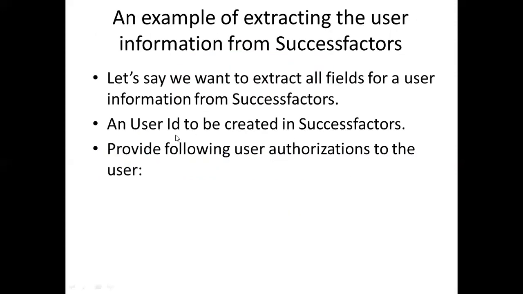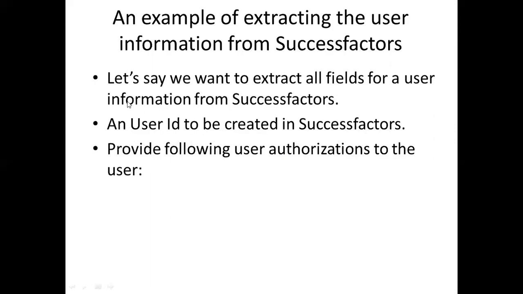Now, going further. Let's say we want to extract the user information from SuccessFactors. There's an SFAPI object called user. So we want to extract the information of the user from SuccessFactors for all the fields, and a user ID needs to be created in SuccessFactors.